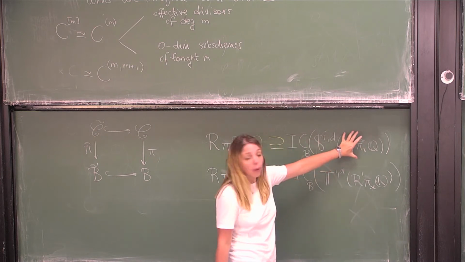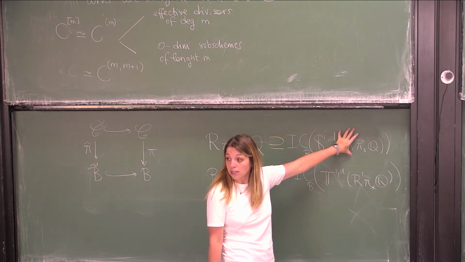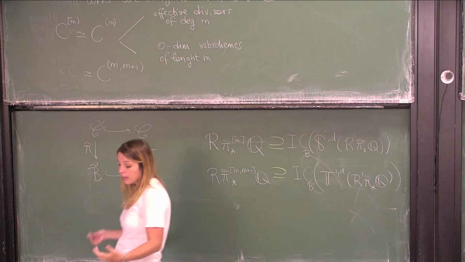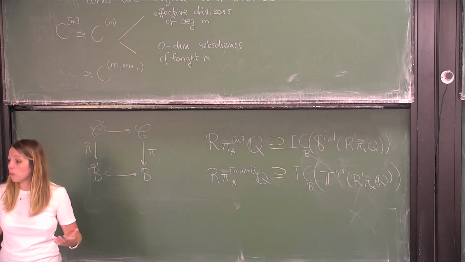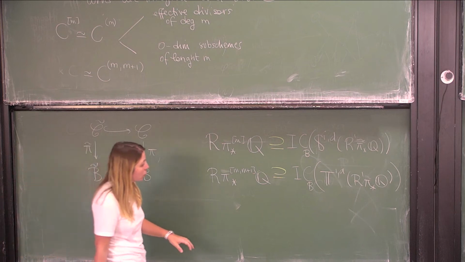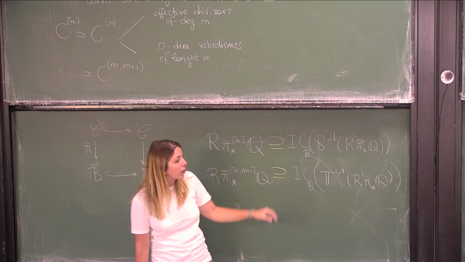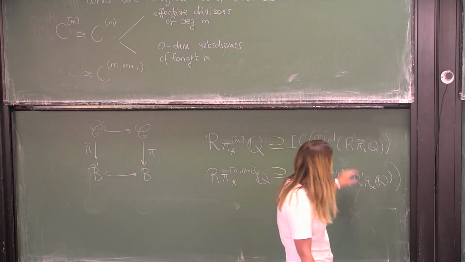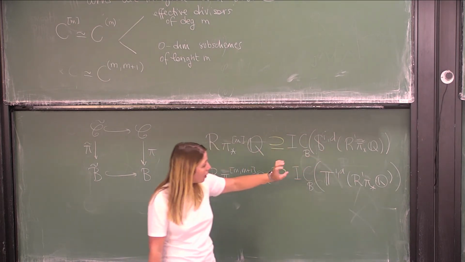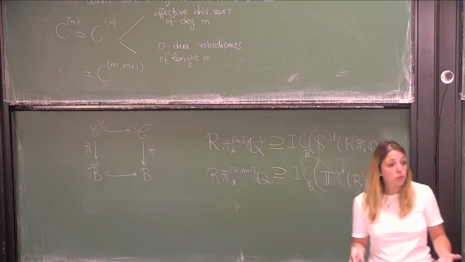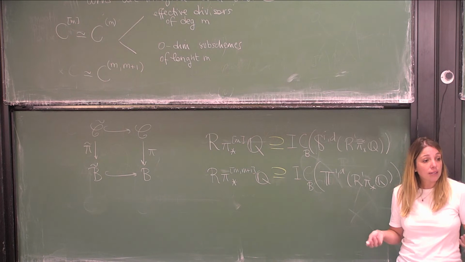So when this local system is just the constant sheaf, or a shifted version of the constant sheaf, this intersection complex actually computes what is called intersection homology, which is an invariant defined by Goresky and MacPherson, which restores the Hodge theoretic properties that homology loses when we consider singular varieties.